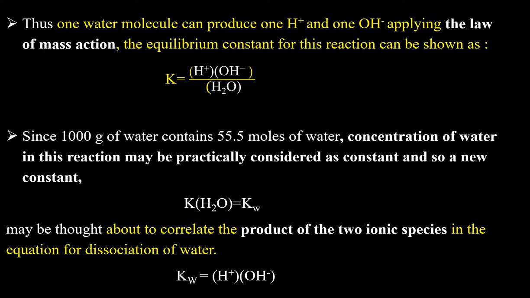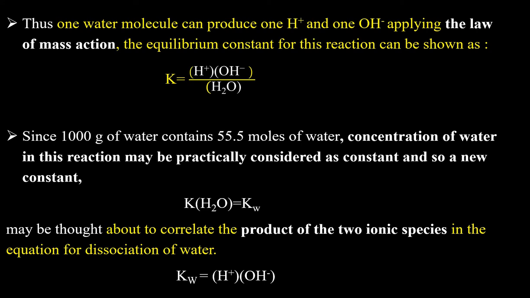Since 100 grams of water contain 5.5 moles of water, the concentration of water in this reaction may be practically considered constant, and so a new constant, K H2O equals Kw, may be brought in to correlate the product of the two ionic species in the equation for dissociation of water.